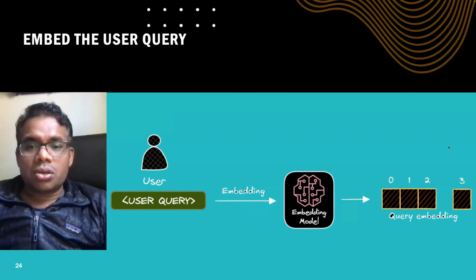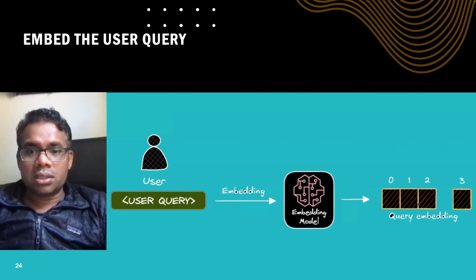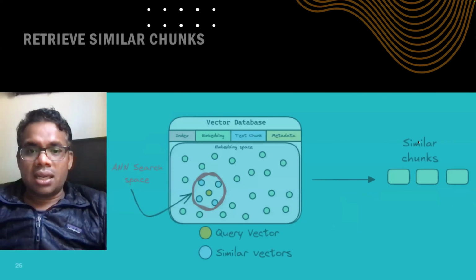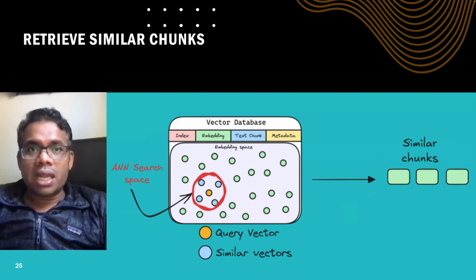Correct. So now, once the question is converted into embeddings, we have to source the nearest neighbor embeddings from the vector store, right?